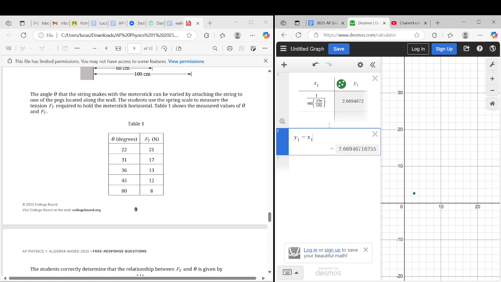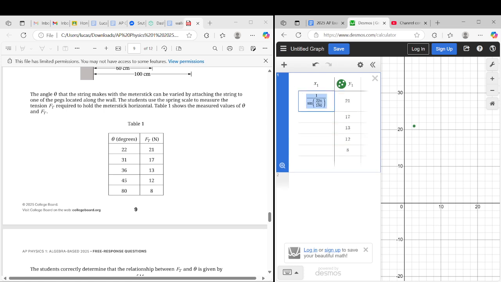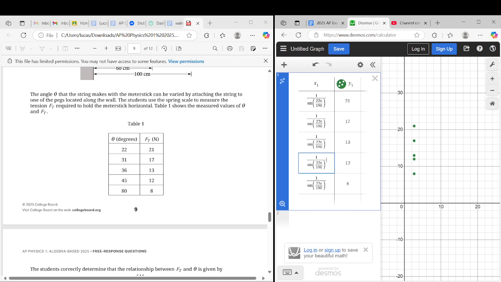Wait, no. Let's fill in the table before we do the regression equation. So here we would do 21, 17, 13, 12, 8. And then we're going to change the angle to what we need: 31, 36, 45, and 80.